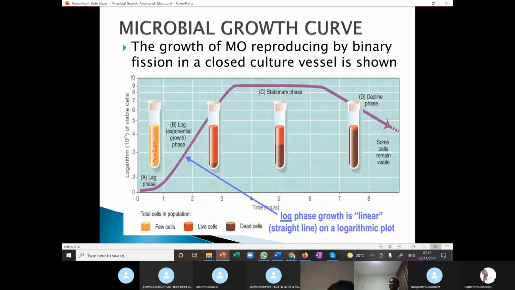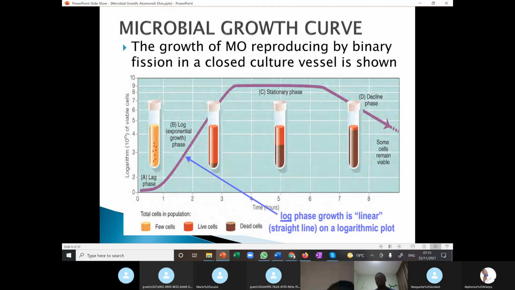As I indicated, when we allow microorganisms to grow in a closed system, a pattern of growth has been observed consistently with most of these organisms. I said a closed system, I'm referring to a system where at the beginning, we supply the organism with every growth requirement and we close the system.